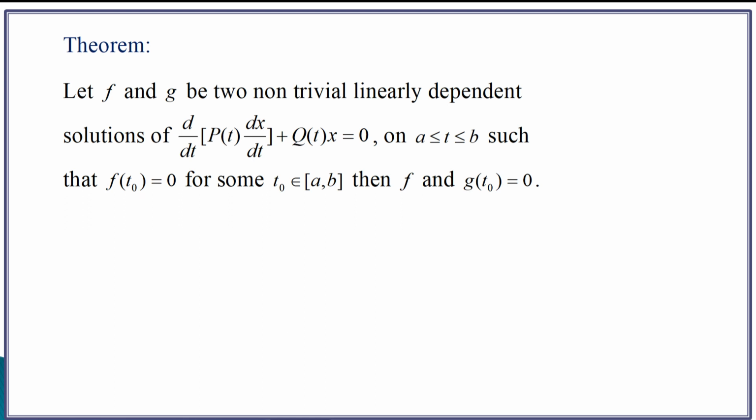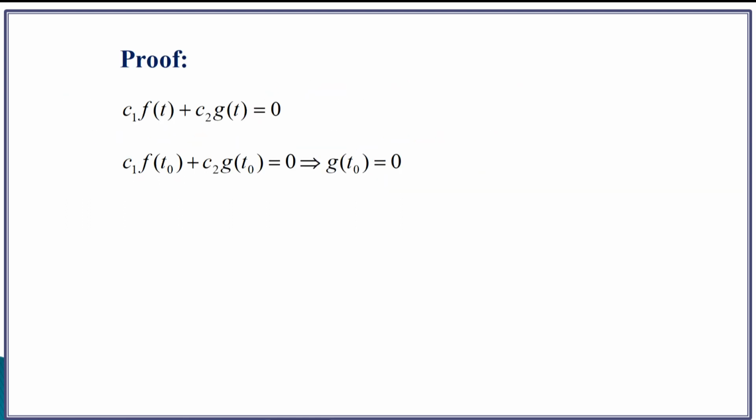So let's see how we can prove it. Since they are linearly dependent, their linear combination can be equal to 0, where C1 and C2 are constants and at least one of them is non-zero. That is the definition of linearly dependent functions. Now, if C1 becomes 0, then C2 automatically becomes 0, or otherwise g becomes 0.